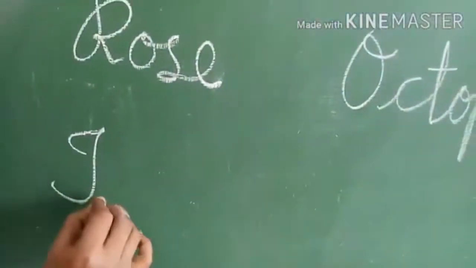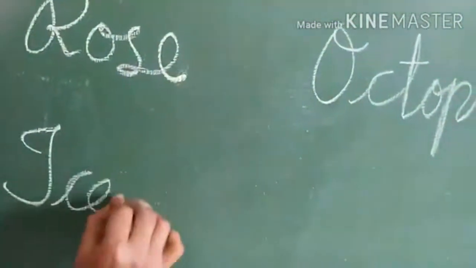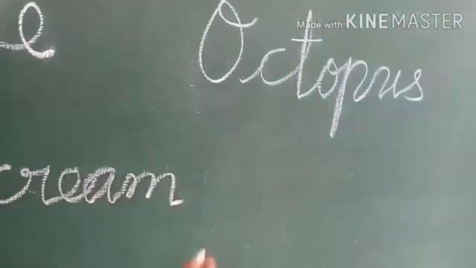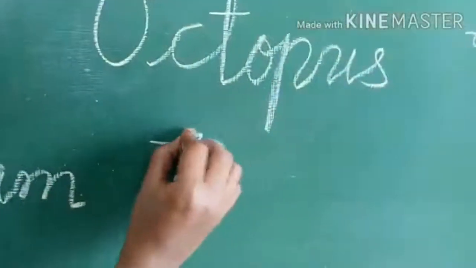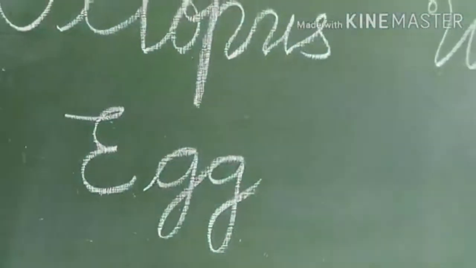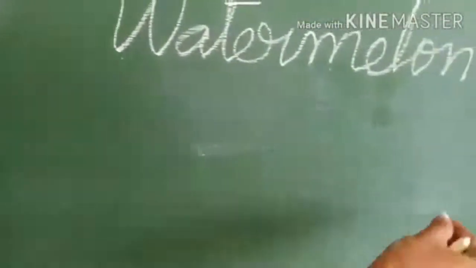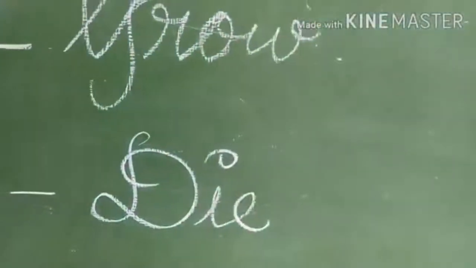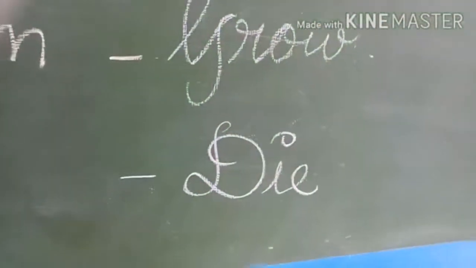The third one is dog, ice cream, and egg. The answer is die.